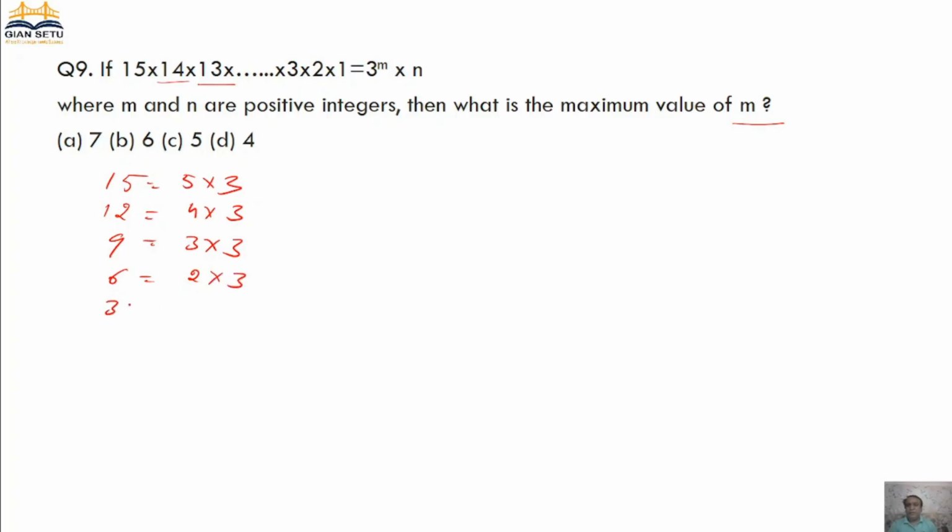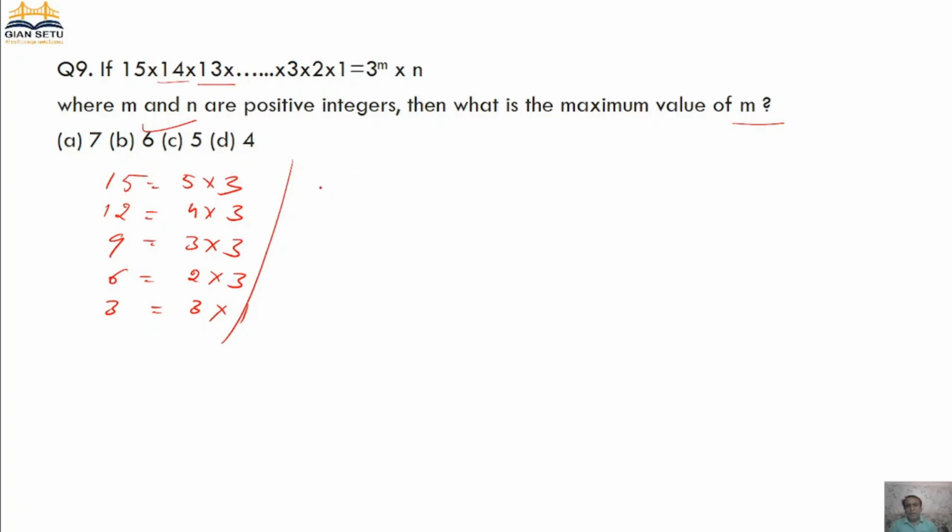Then we will have 3, 3 into 1. Now how many powers of 3 are there on the left hand side, or you can say how many factors are there on the left hand side? 1, 2, 3, 4, 5 and 6. So the right answer is B here, 6. Now we can also solve this question by the other method, right?